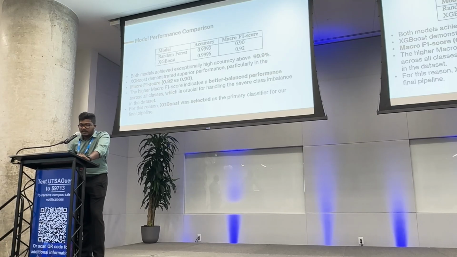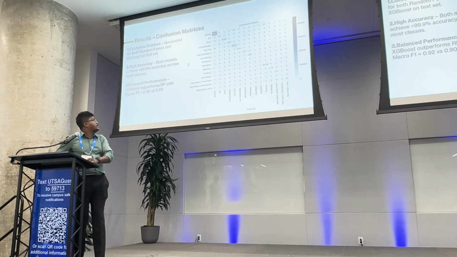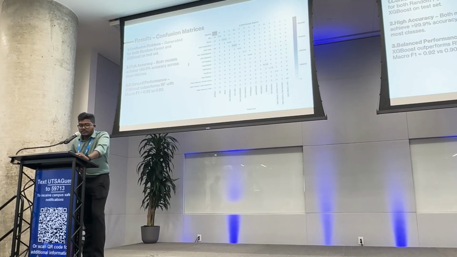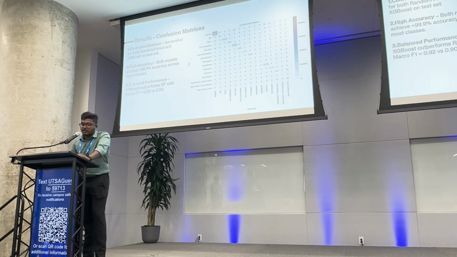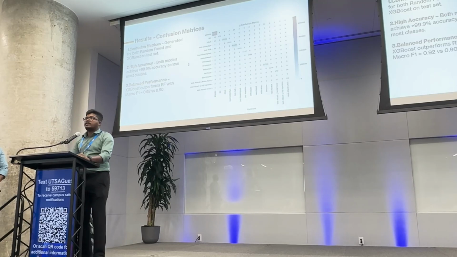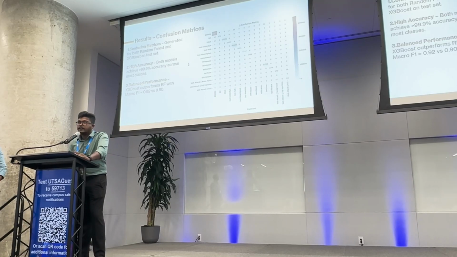Based on these results, we selected XGBoost as the primary model for our final framework. These confusion matrices highlight model performance across the 15 classes. Both models performed exceptionally well, achieving 99.9% accuracy.